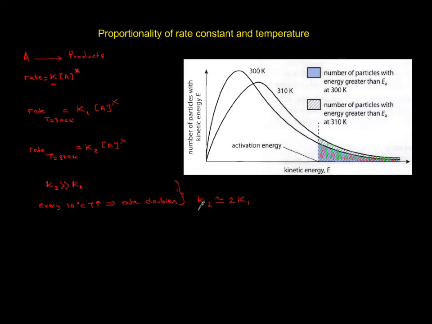Now the question is why, and the why was answered in 1880 by Arrhenius, who was able to quantify it and say the rate constant is equal to another constant A, times e to the power minus EA over RT. So this is the Arrhenius constant, or frequency constant.